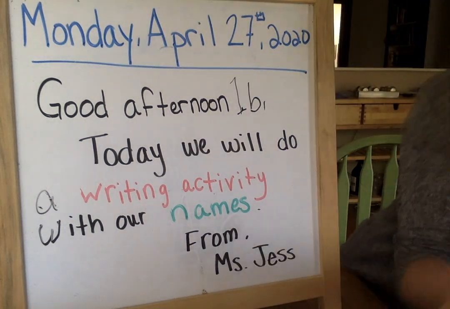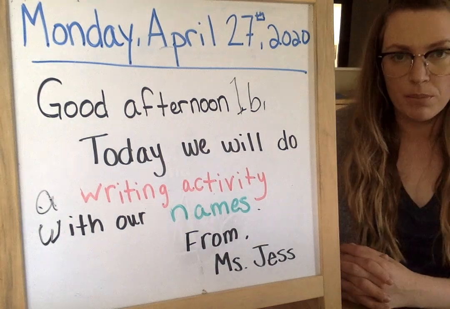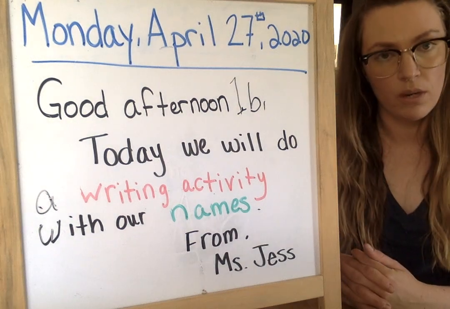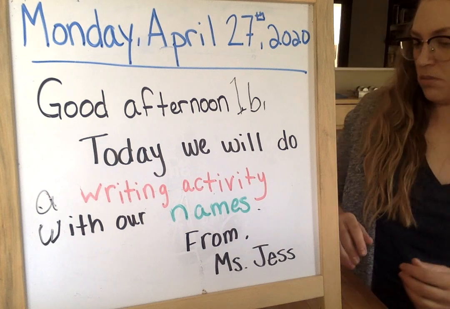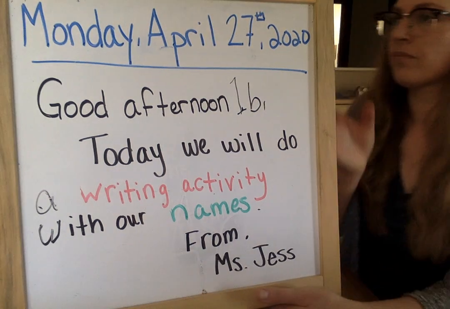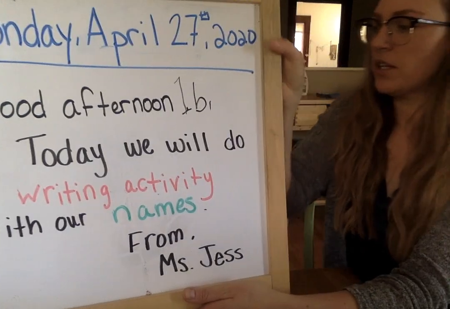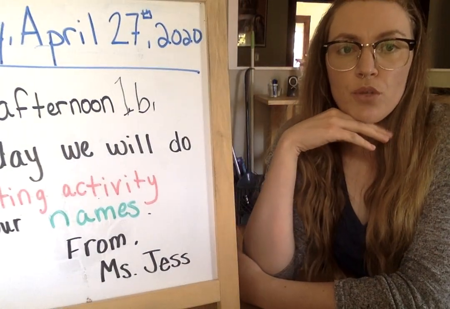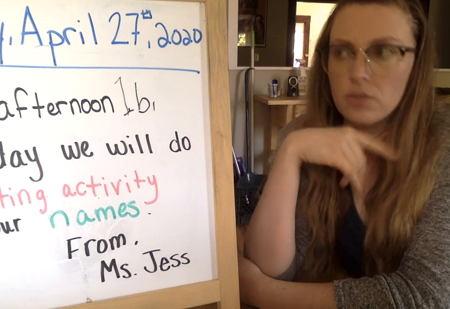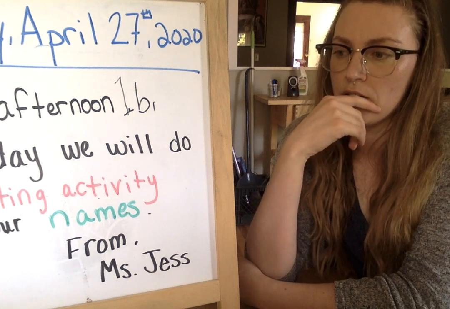All right, my friends, so today what you'll need is a piece of paper and a pen or a pencil. So if you need to pause the video, go ahead and get those materials. All right, so friends, what we're going to do is we are going to use adjectives. Oh, what's an adjective? I forgot.